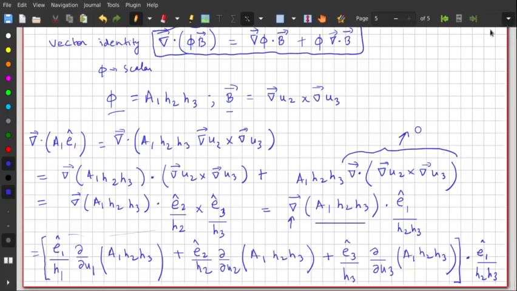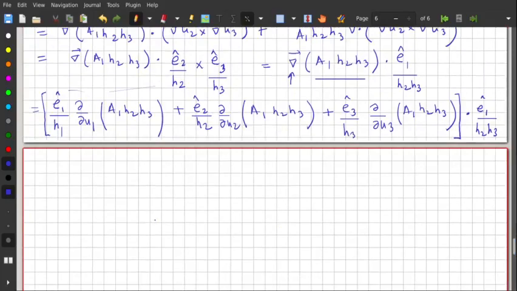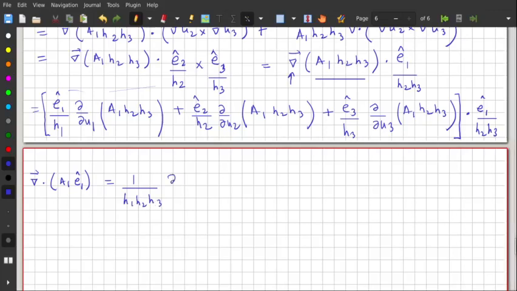This follows from the orthogonality of the E vectors, E1, E2 and E3. So then the divergence of A1 E1 cap is equal to, you see H2 H3 and H1 is down, so it will become 1 over H1 H2 H3, and then partial with respect to U1 of A1 H2 H3.